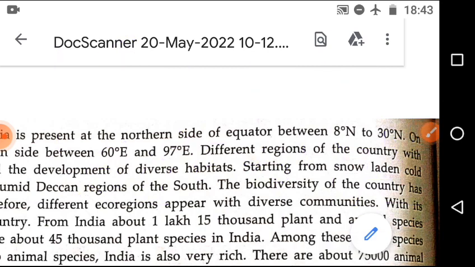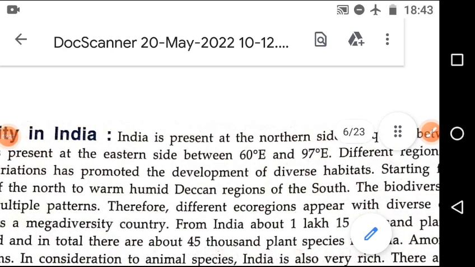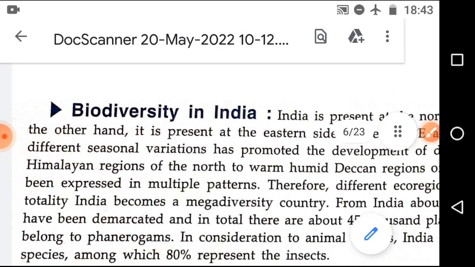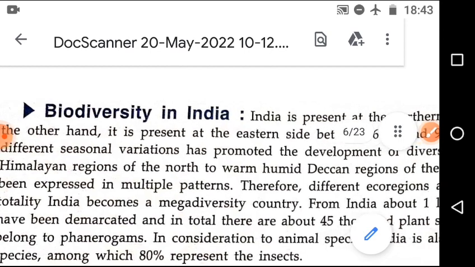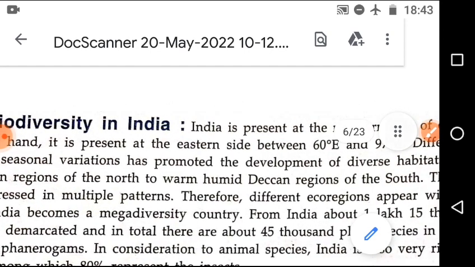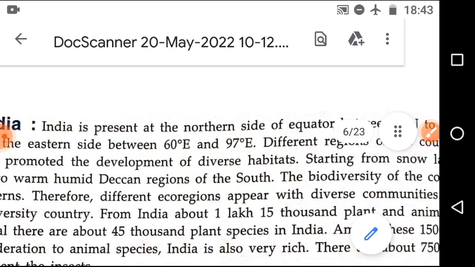Then it is saying that different regions of the country with different seasonal variations have promoted the development of diverse habitats.